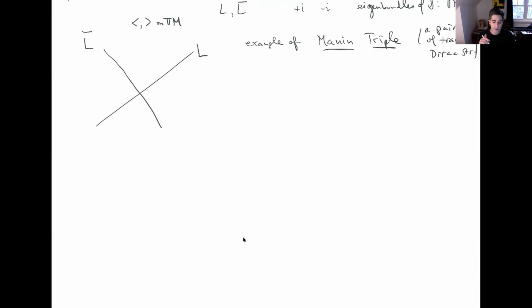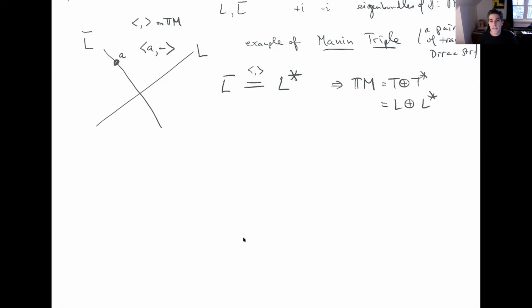If I take an element A inside L bar, and look at this covector, it will be non-zero on L, and this establishes an isomorphism between L bar and L star. So using the pairing, L bar is isomorphic canonically with L star. And so it implies that this generalized tangent bundle, which is T plus T star, can actually be written as L plus L star.